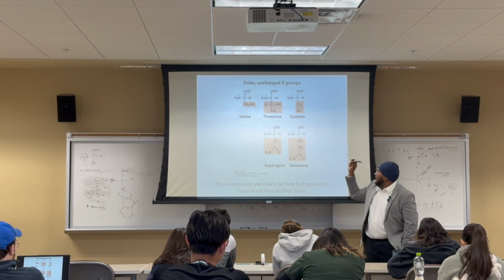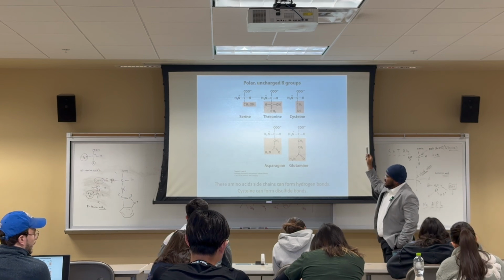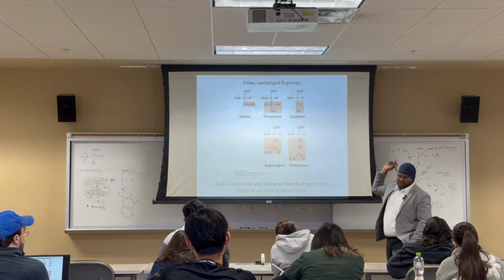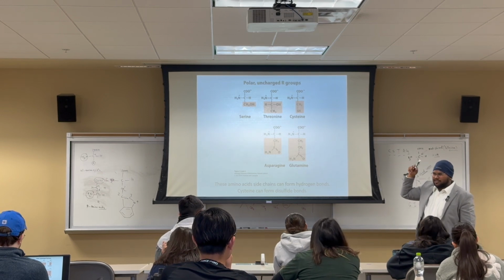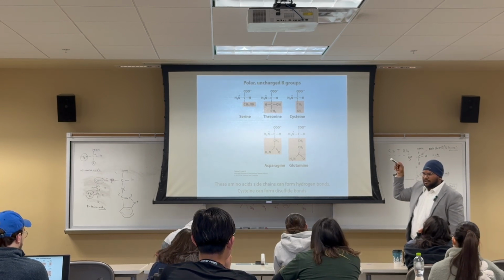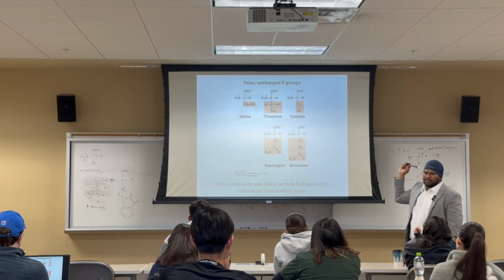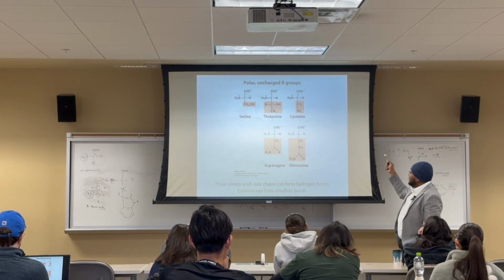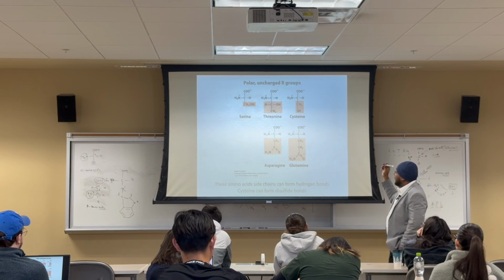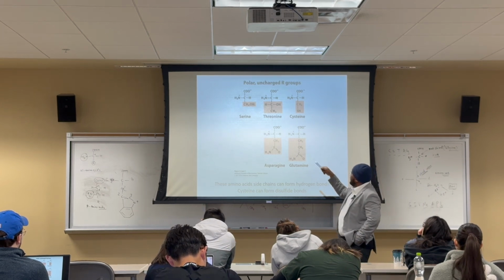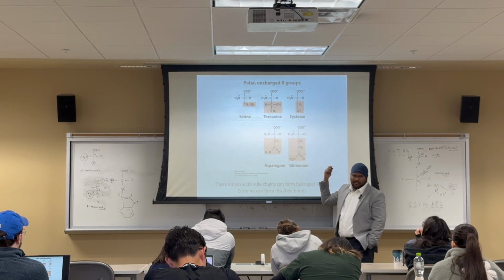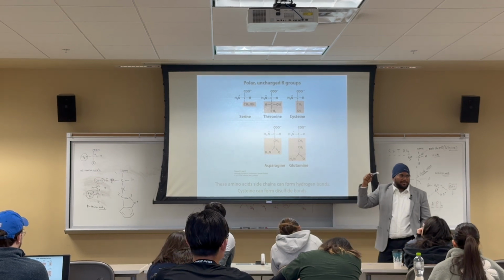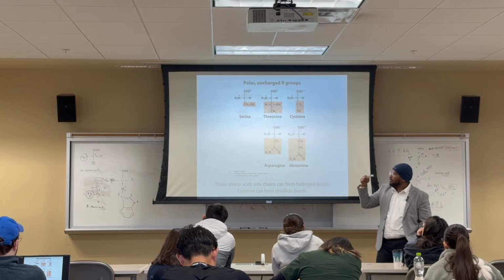And cysteine is very similar, CH2SH. So see how smart nature is. It replaced oxygen with sulfur, and now they have a different amino acid, cysteine. So serine and cysteine are sisters, sister amino acids, with oxygen replaced by sulfur.